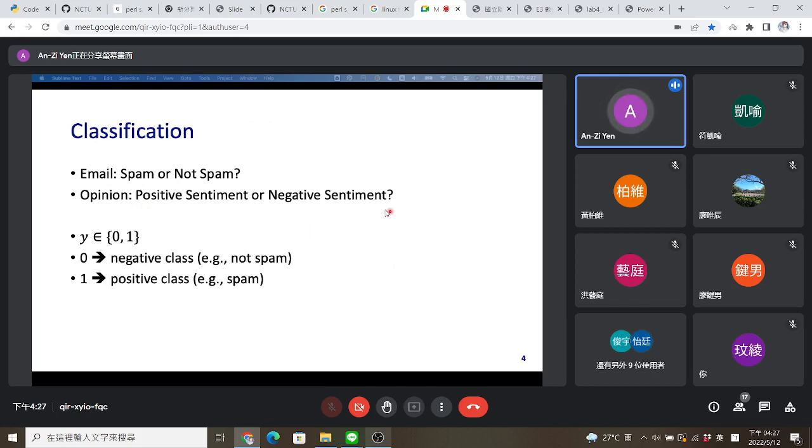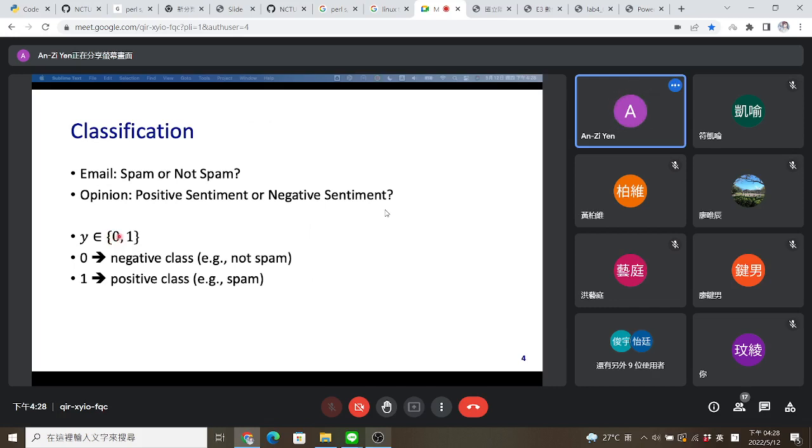So in this problem, the variable that we are trying to predict is a variable y that we can think of as taking on two values, either zero or one. So you can say either spam or not spam, either positive sentiment or negative sentiment comment.